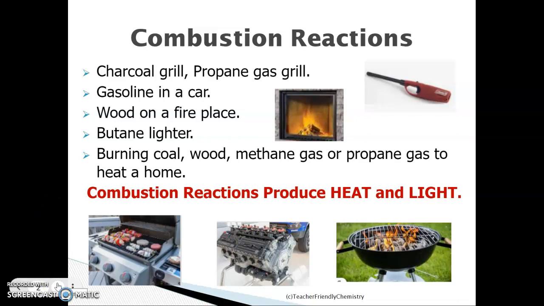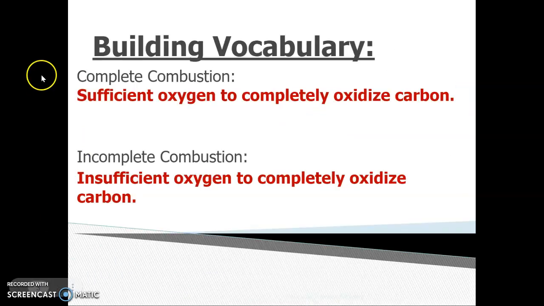And combustion reactions are used in energy production, unless it's uranium or renewable energy. Our combustion reactions are really what fuels our energy sources or our electricity sources across the planet. So today we're going to be talking about complete and incomplete combustion reactions. Now I do just want to start by saying most of the time we will be dealing with complete combustion.